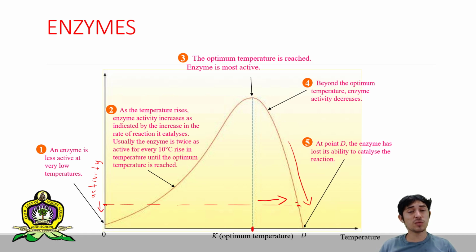If the temperature is too low, that means that it's cold, the enzyme activity is also low. Notice. And that is because the substrate is moving too slow for the enzyme to work on it.